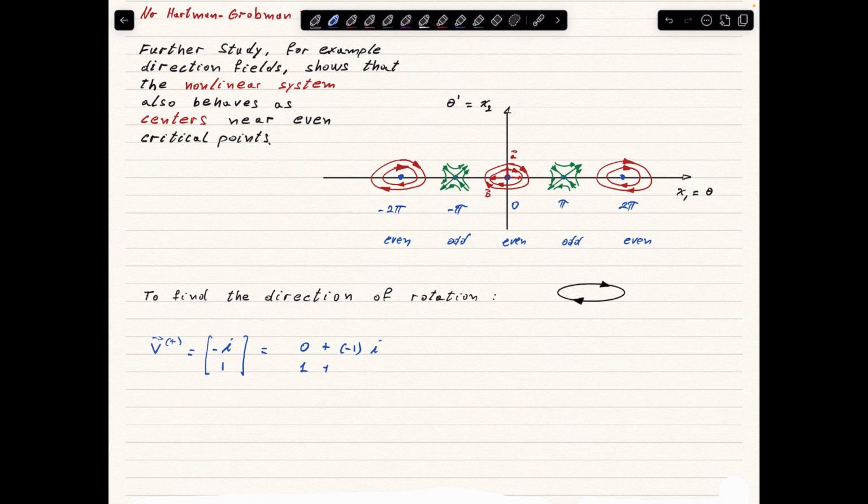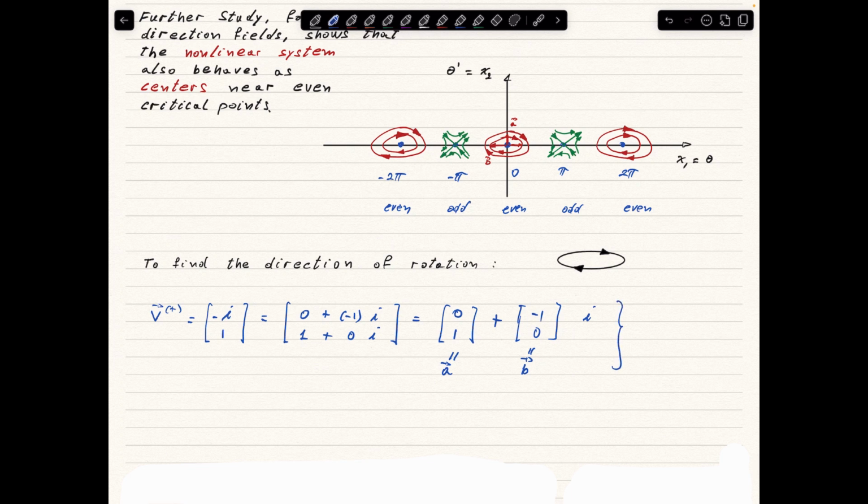This is 1 plus 0 multiplied by i, which means that this is the vector 0, 1 plus the vector negative 1, 0 multiplied by i, and that means that this vector here is what we usually call the vector a. This is what we usually call the vector b.